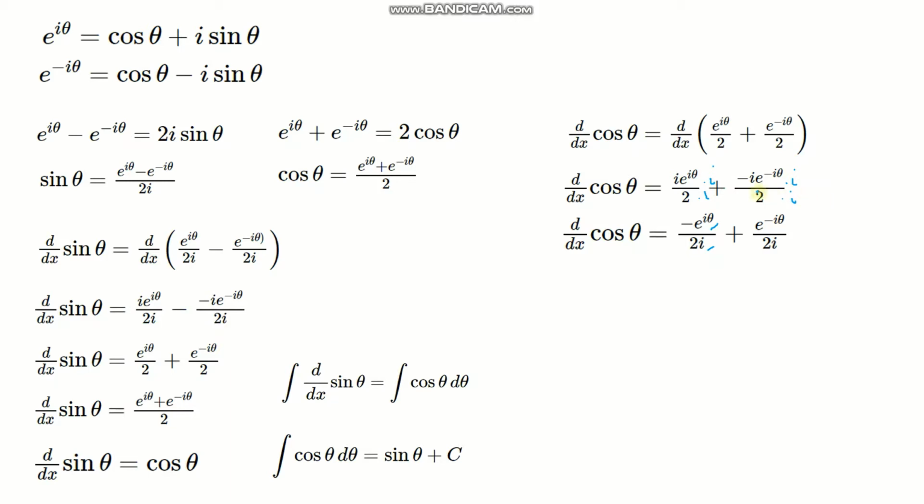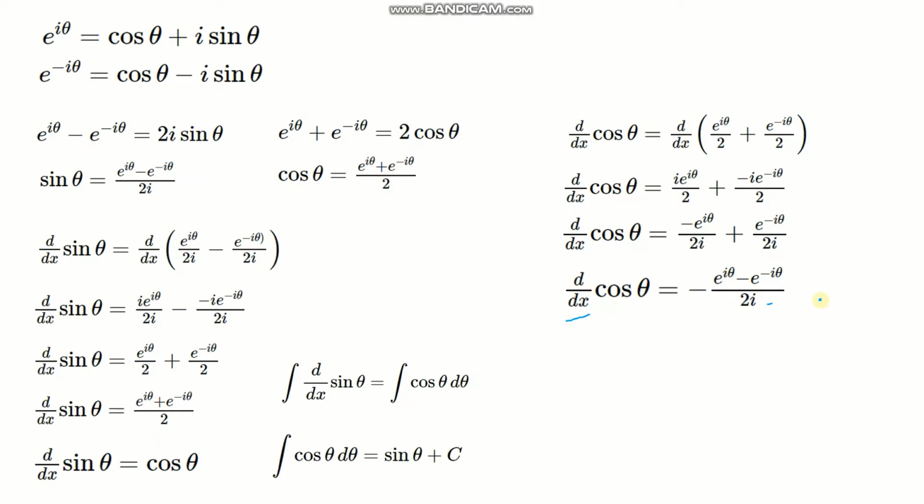Again, i times i is negative 1, times negative, we have positive. The numerator becomes e to the negative i theta over 2i. Combine these two terms and factor out negative 1. We have the derivative of cosine theta equals negative e to the i theta minus e to the negative i theta all over 2i.